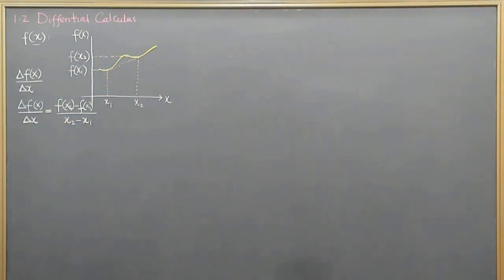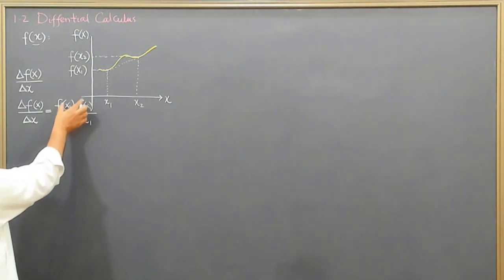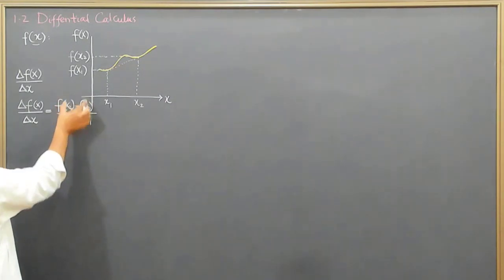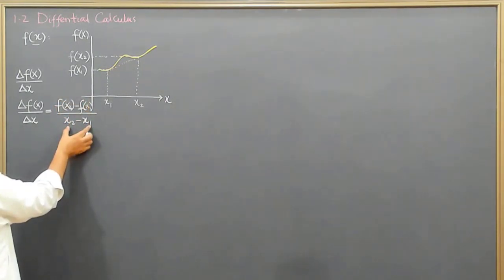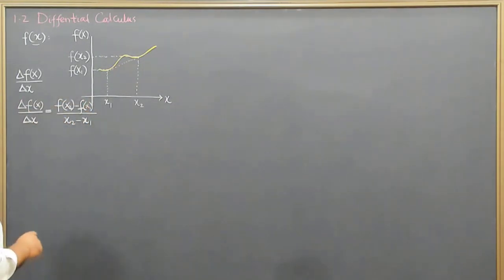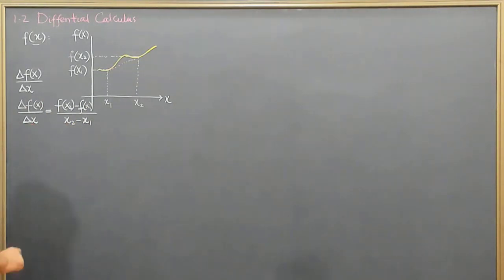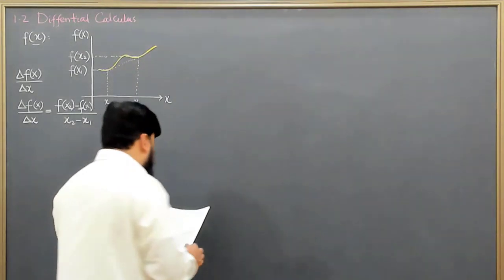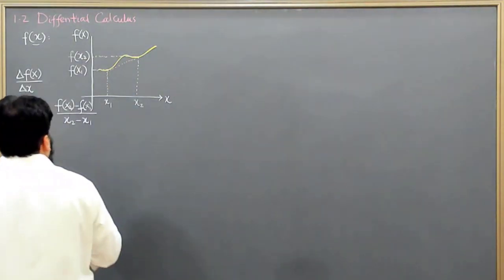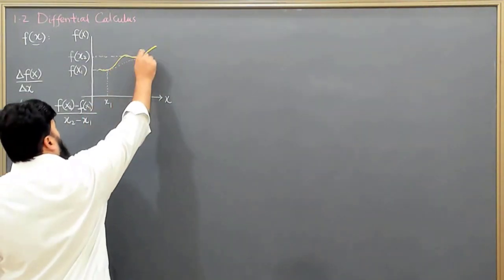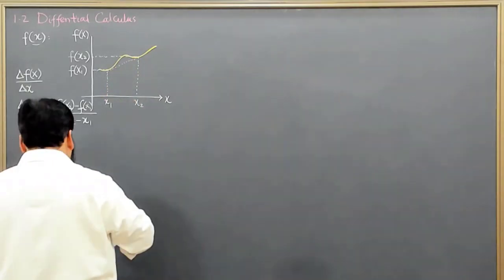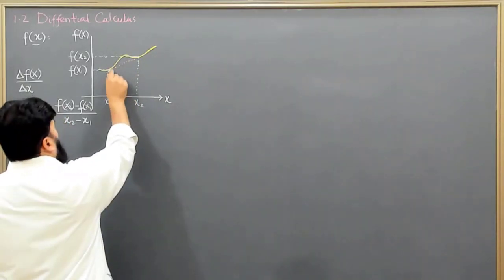This is the change in the function, and it is this line, because these are the two endpoints here. So this is the change in the function divided by the change in its variable, and it is actually giving this line. This line we can decompose into components.